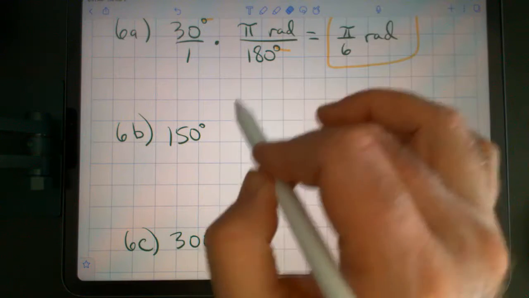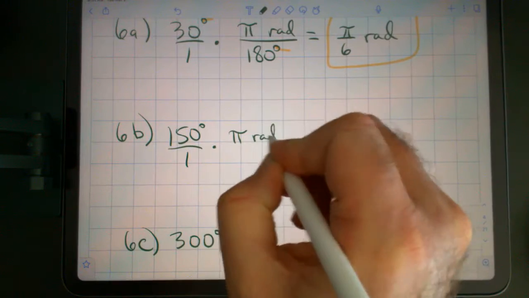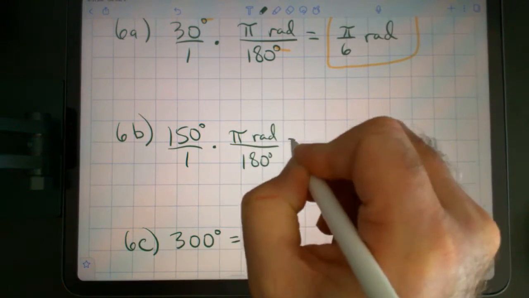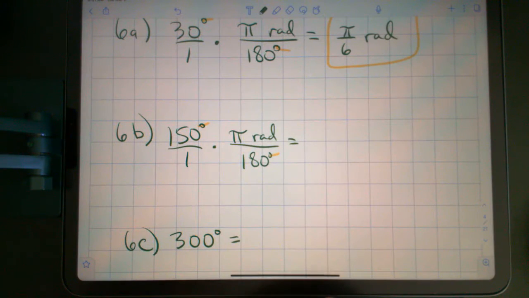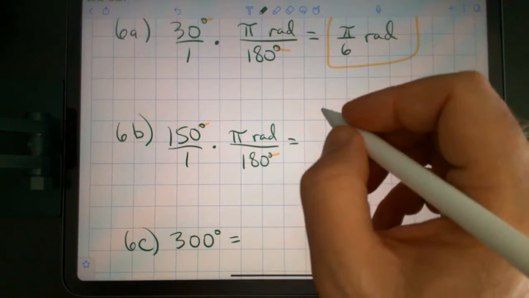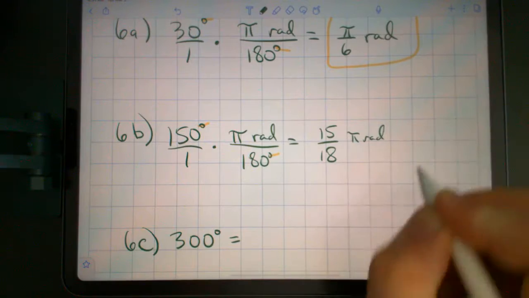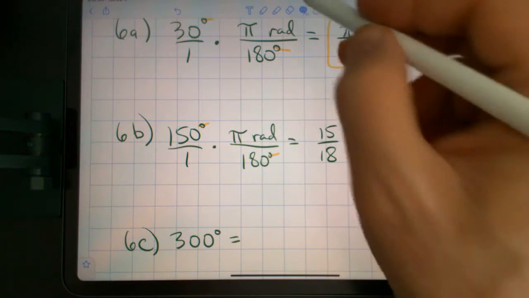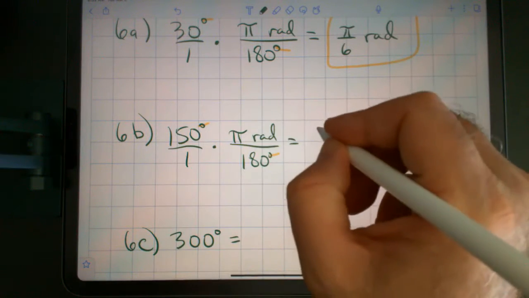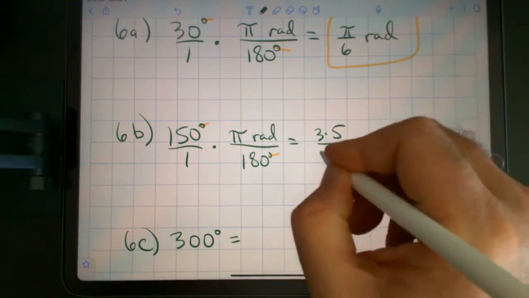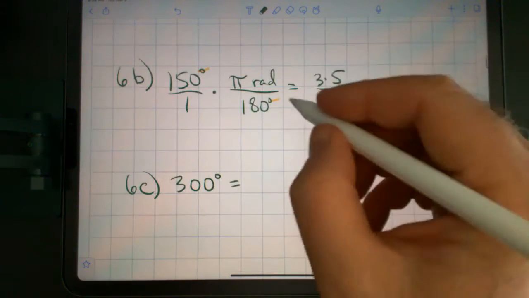150 degrees, multiply this by a funny looking 1. So this is going to be 15 over 18. Break this down to a product of primes. 15 is 3 times 5. 180 is 3 times 6.